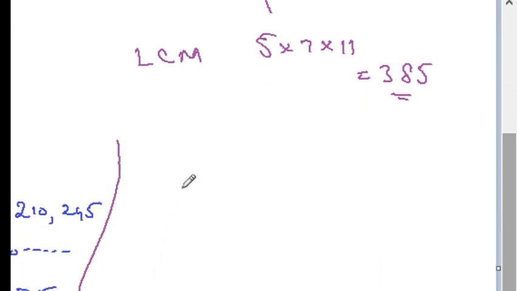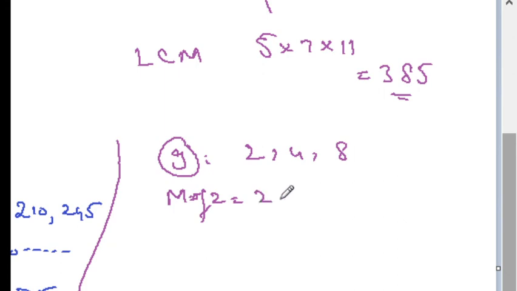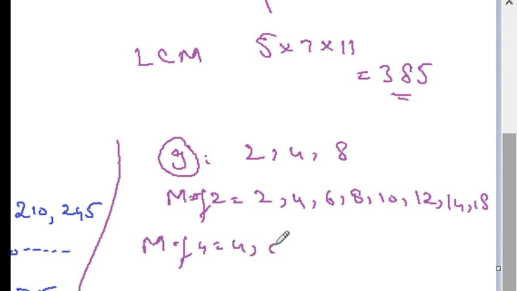Now I'm doing one question from them. I'm doing part G first. Part G is 2, 4 and 8. See, multiples of 2. 2 ones are 2, 2 twos are 4, 2 threes are 6, 2 fours are 8, 2 fives are 10, 2 sixes are 12, 2 sevens are 14, and so on. Multiples of 4: 4, 8, 12, 16, 20, and so on.